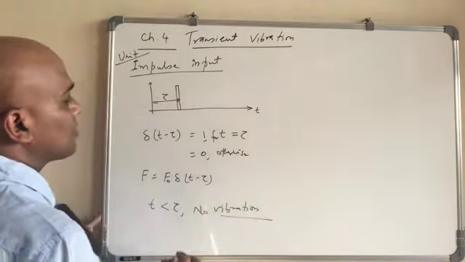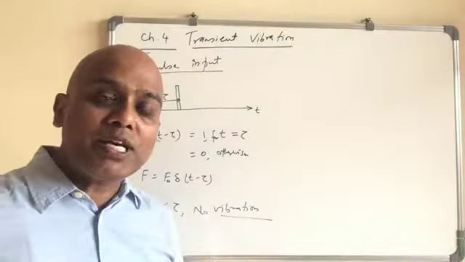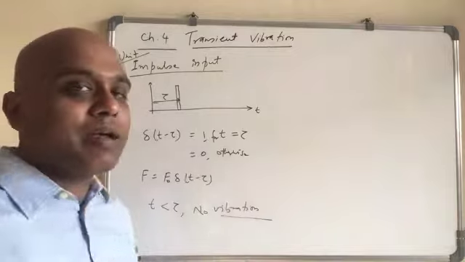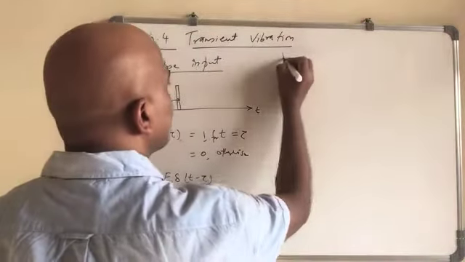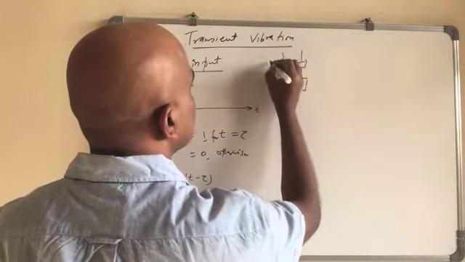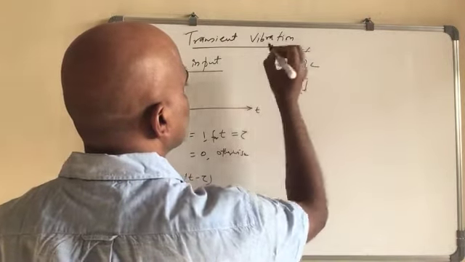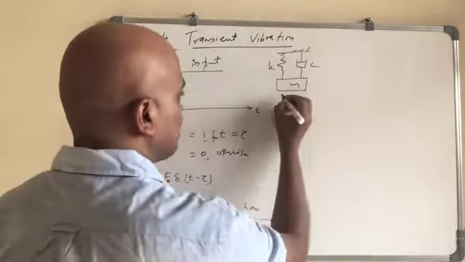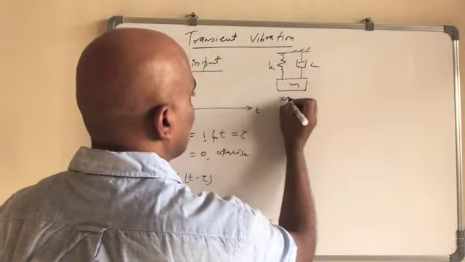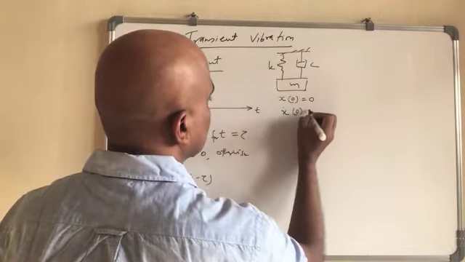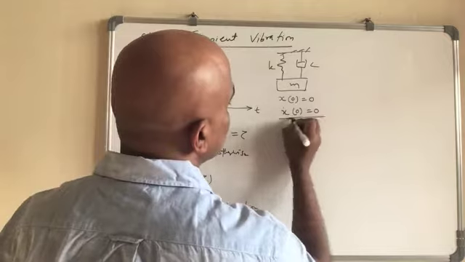Our spring mass damper system is at rest, meaning x at 0 equal to 0, x dot equal to 0. We are assuming this to begin with.